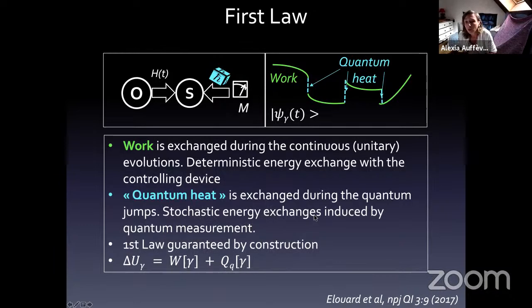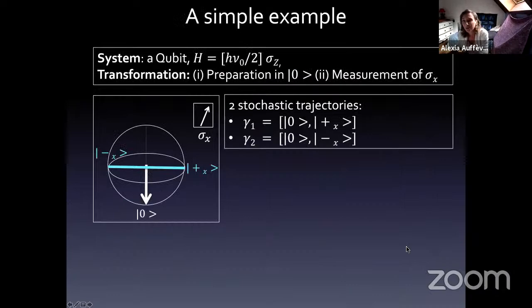So this is a stochastic energy exchange, which has no classical equivalent. It is intrinsically due to measurement back action and to the fact that when you measure, you do something to your system in quantum physics. With this, the first law is guaranteed by construction. And you may expect the second law, but I won't talk about the second law here because I have no time for that. The first law is well enough for what I want to present to you.